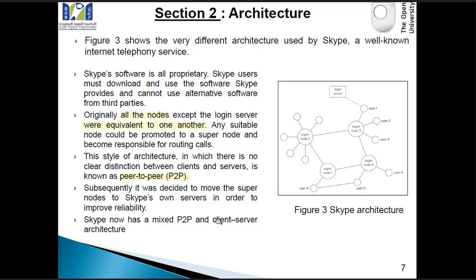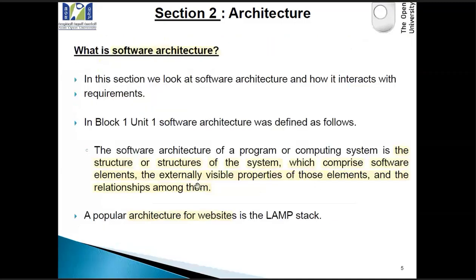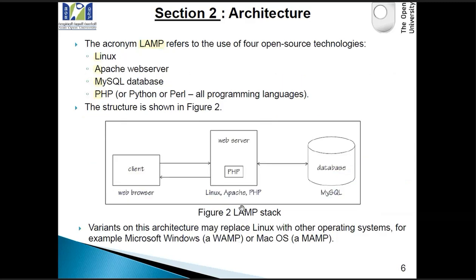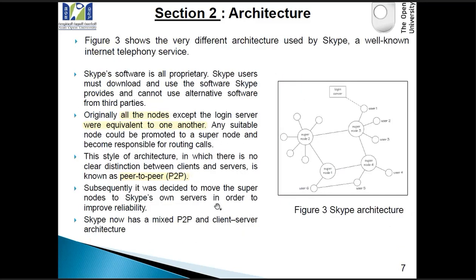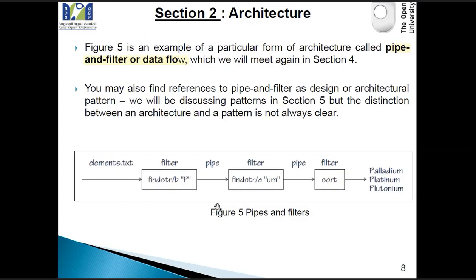So this is the architecture of the website, but we are not going to talk about it by itself, في examples اللي جايين. A third type is called pipe and filter, or another name for it is data flow. إيش يعني data flow?